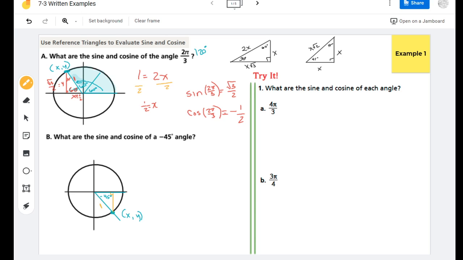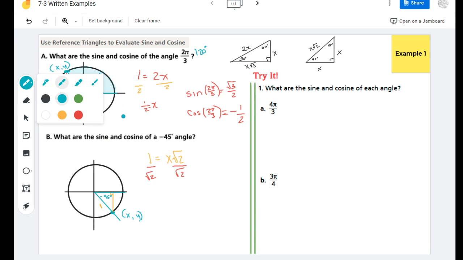So I can say my hypotenuse is 1. I can set that hypotenuse of 1 equal to the hypotenuse of my base triangle, which is x root 2. Then to get x alone, I'm dividing both sides by root 2. So I get that 1 over the square root of 2 is equal to x.